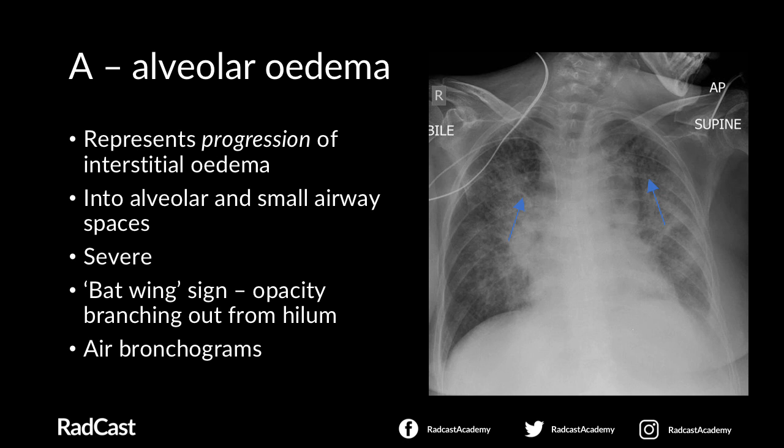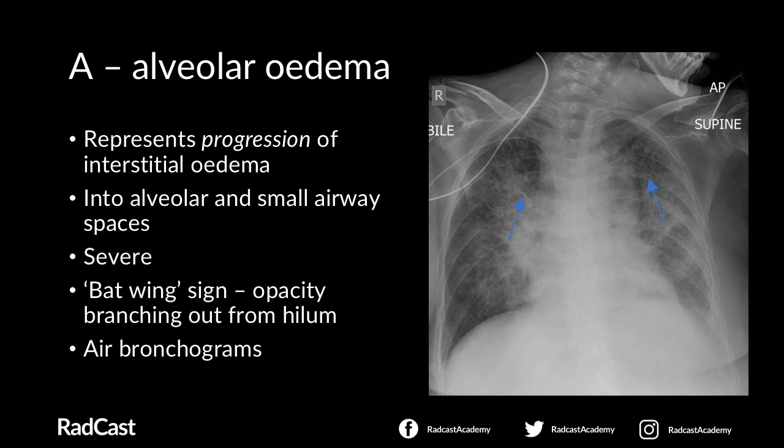And on the chest x-ray, we see this usually as bilateral opacities, as we can see in this chest x-ray on this slide. They typically extend out from the hilar bilaterally, and for this reason, the pattern is commonly referred to as a bat's wing appearance, due to the characteristic wing shape of this opacity.